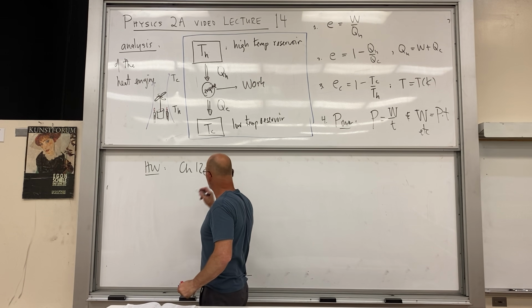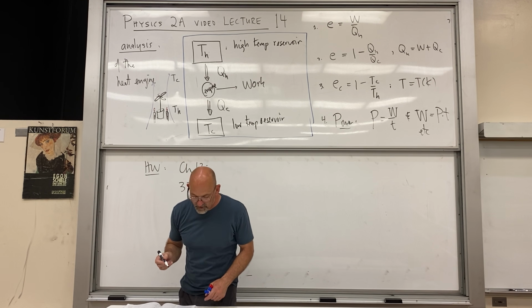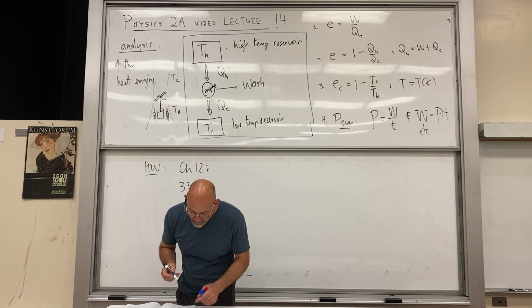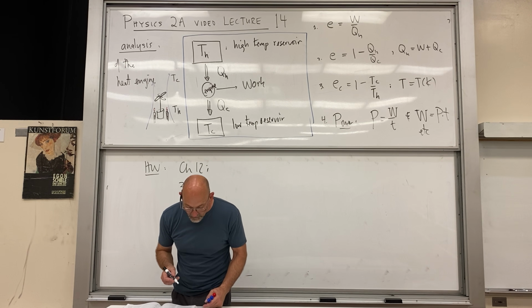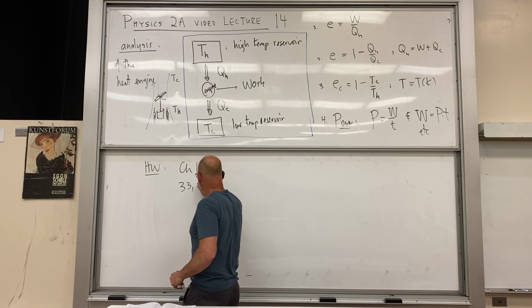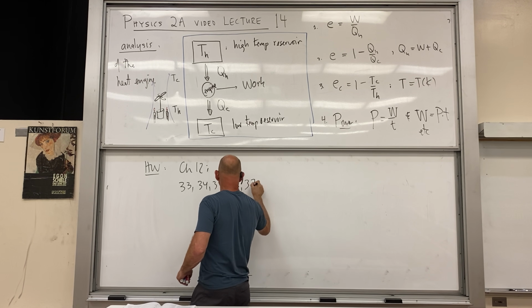We're just going to do a bunch of very basic ones. So 33 is what I just did on the board with the steam example. I think I'm just going to give a whole string of these: 33, 34, 35, 36, and 37.